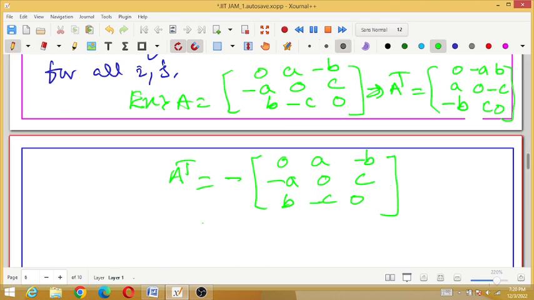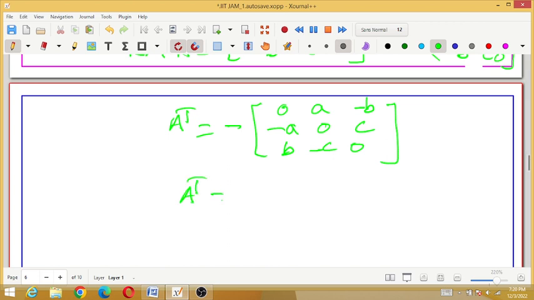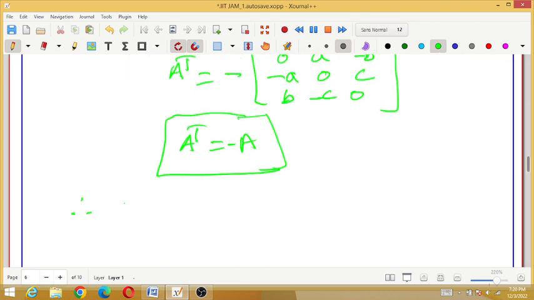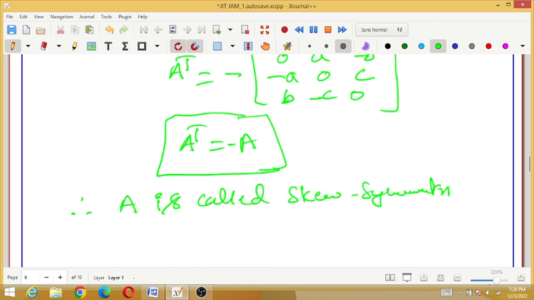So A transpose is equal to minus A. Therefore A is called a skew symmetric matrix. I hope you all understood this one.